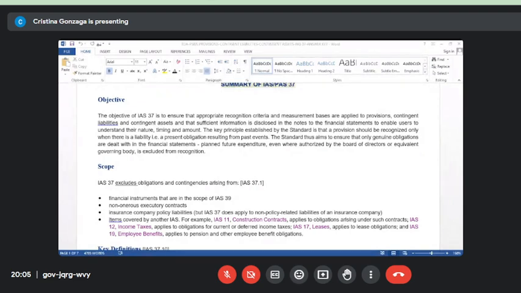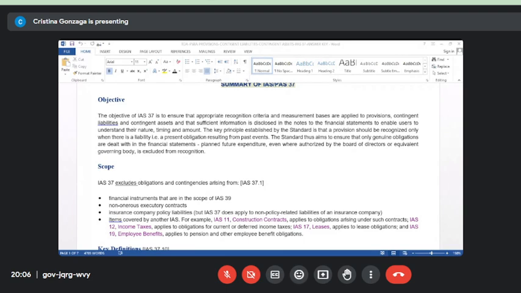Now, in our lesson on provisions, contingent liabilities, and contingent assets, the PAS refers to three different items. One is provision, another is contingent liability, and the other one is contingent asset. Let's begin with provision.